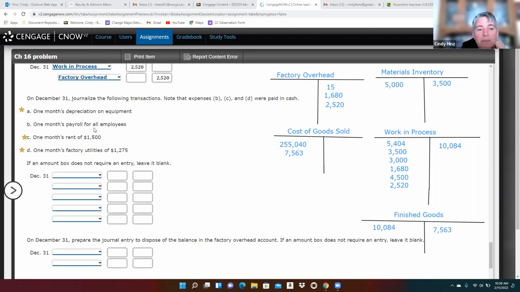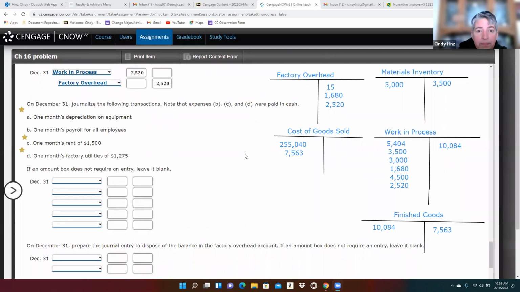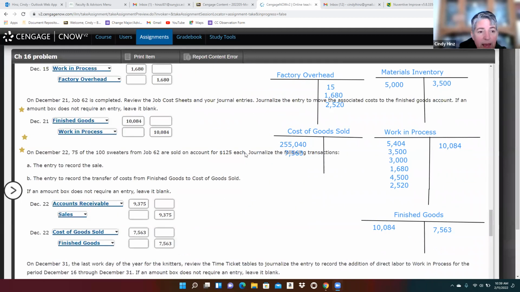Now, when we think about the payroll for our employees, that payroll includes the 3 knitters plus the supervisor/manager position. The payroll for the knitters, we already calculated that. And let me show you where we have that.